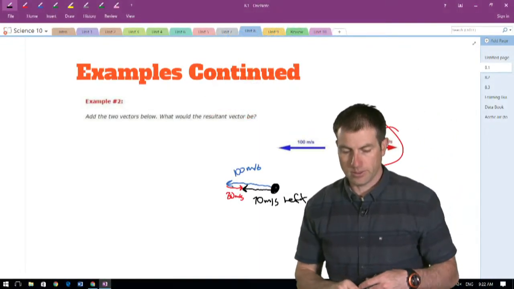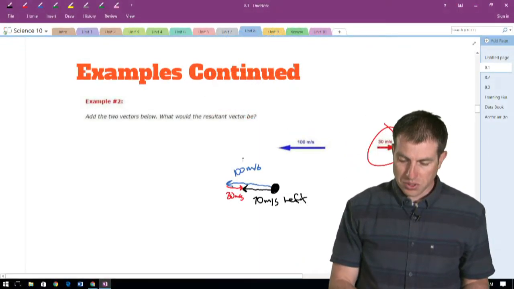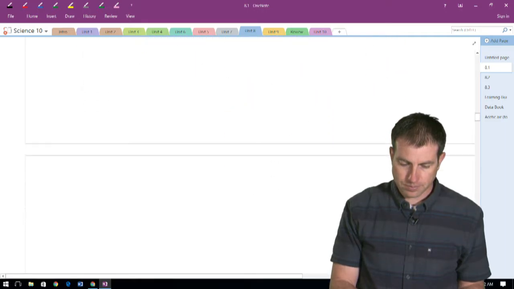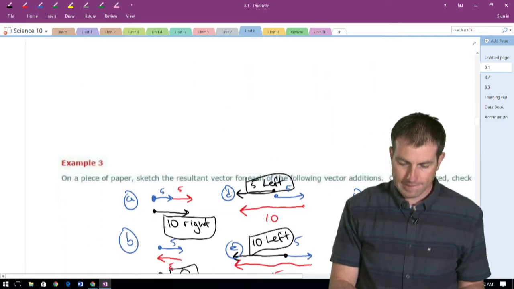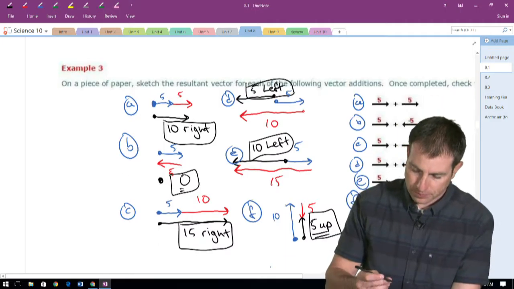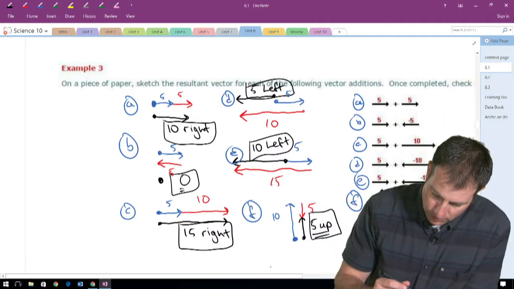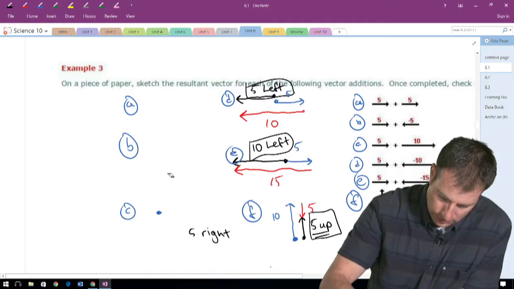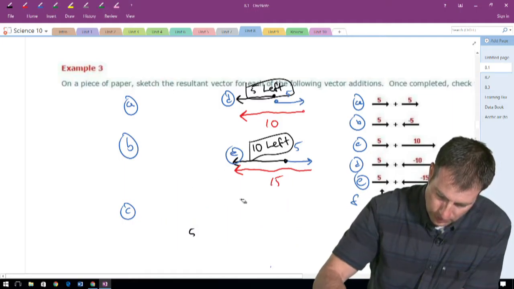All right. So those are kind of two arrow examples. I think we have some additional examples that have multiple arrows. Get this stuff out of the way.